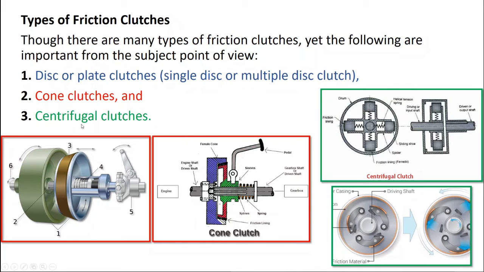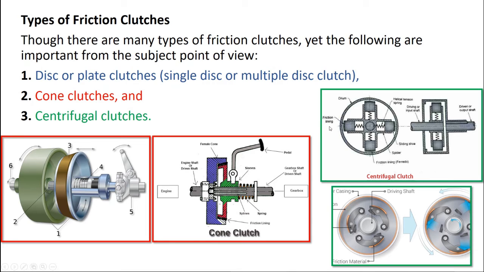Another is the centrifugal clutch. Centrifugal clutch is very popular in automatic type vehicles. The most popular example you might have seen is in the Scooty nowadays. Scooty is getting very popular, so in such bikes also we are using centrifugal clutch.